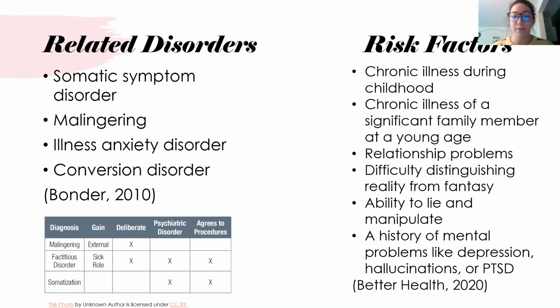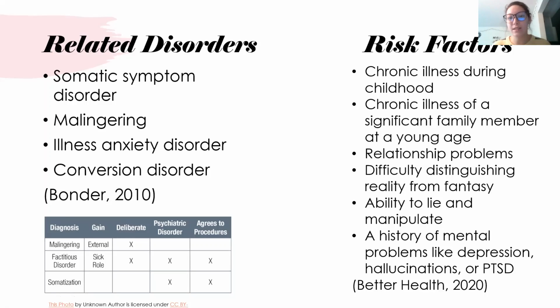It explains whether or not there's actual gain or reason behind why people are doing this, if it's deliberate, if it's considered a psychiatric disorder, and if the person will agree to have procedures done to them. As you can see, Munchausen or factitious disorder got an X in all 3 of those, and their gain is to have a sick role or to be the patient.